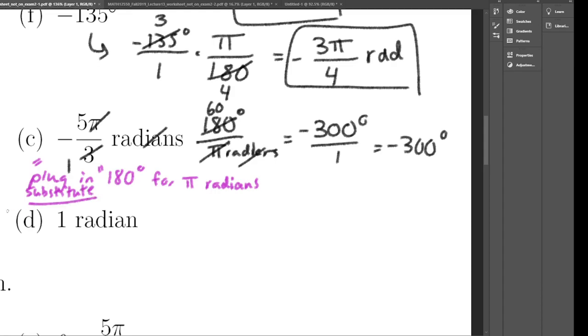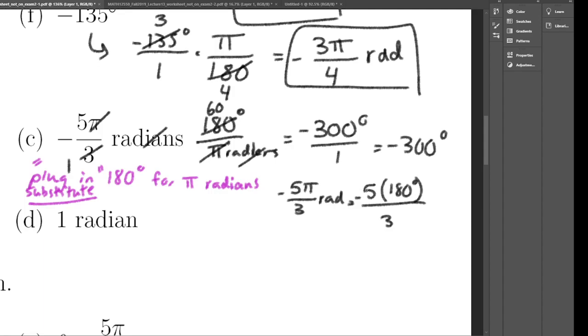So anytime you see a pi radians, you can replace that pi with a 180 degrees in parentheses. So like in this example, negative 5 pi over 3 radians. Replace that pi with a 180 degrees in parentheses. And we still got the negative here.